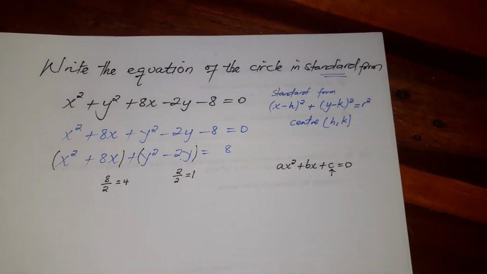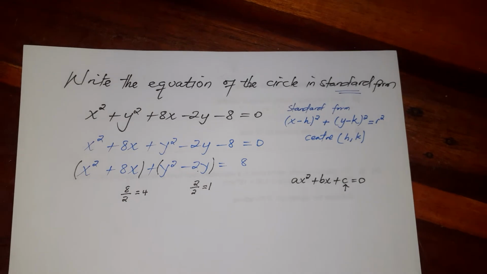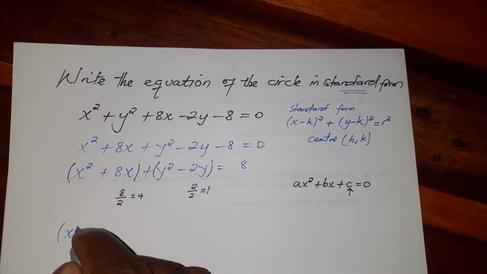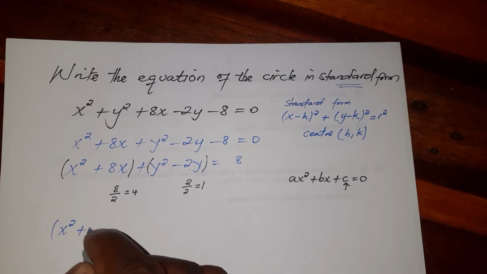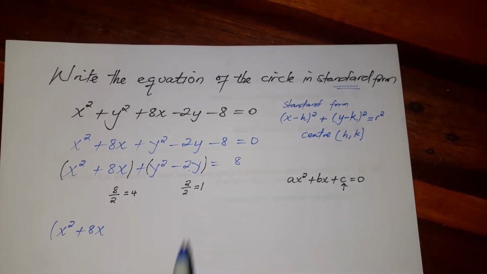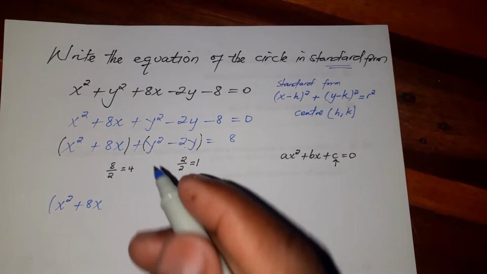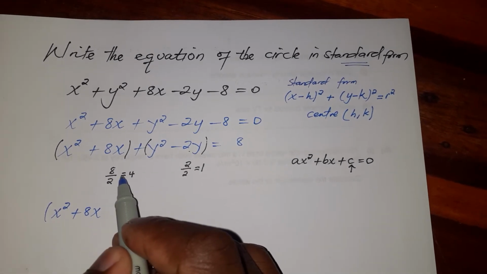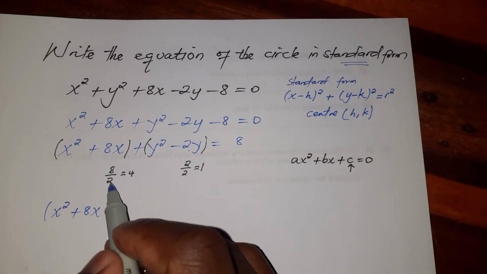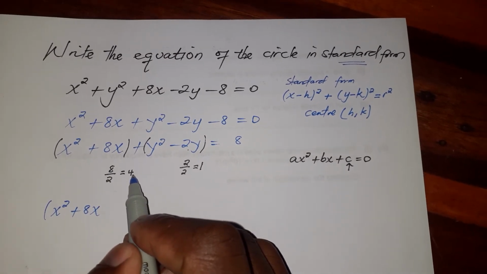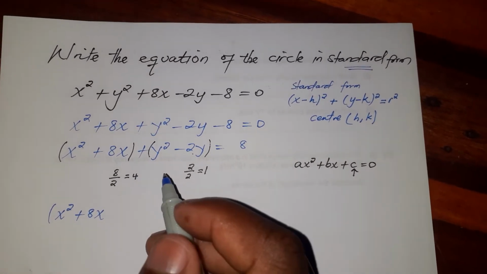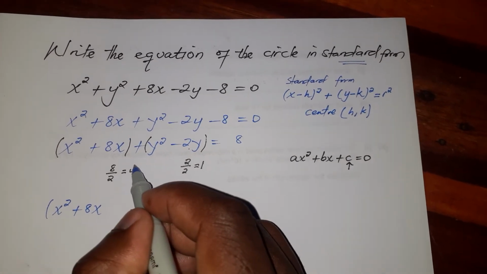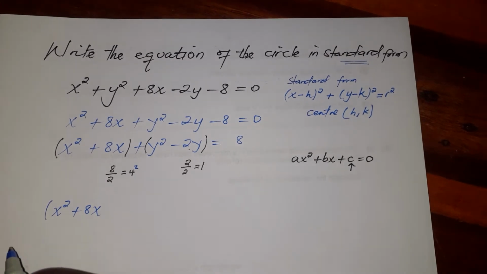Now let's go ahead and complete the square. The first bracket we are going to get x squared plus 8x. Now that we know our b value and we're getting 4, in order for us to have a perfect square trinomial, we have to square that number.